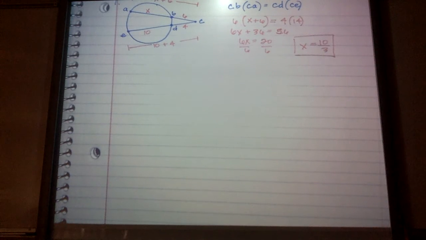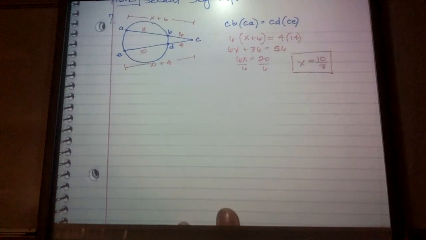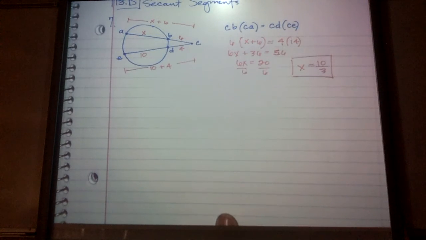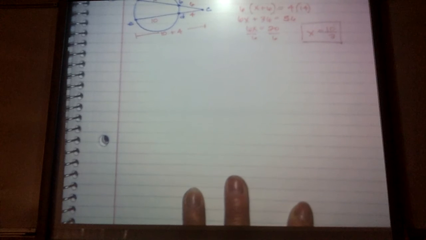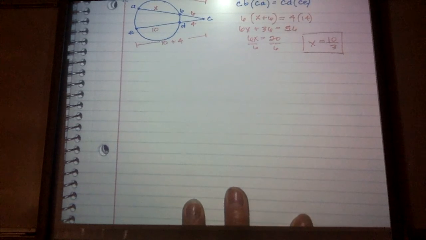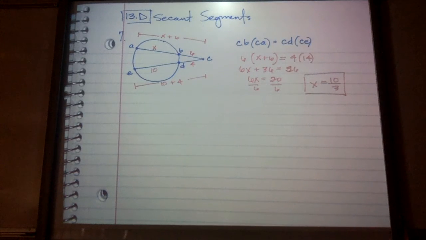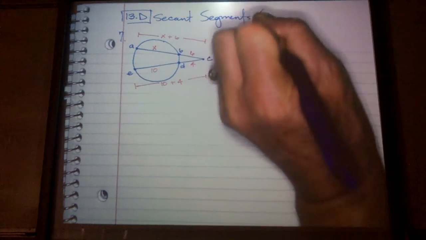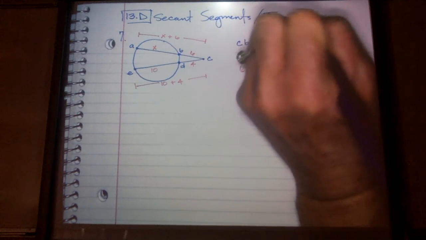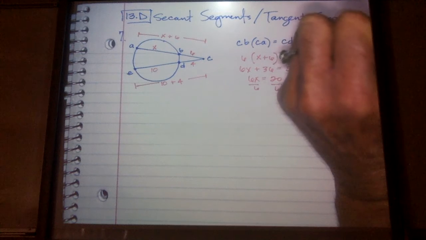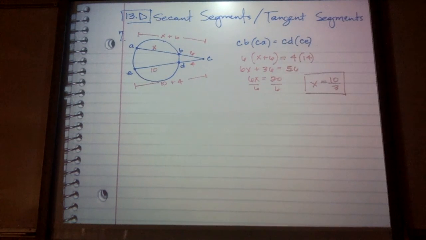Now this one is secant segments. Hopefully you can see the difference. I probably should have titled this differently. This should be secant segments, and the next problem is tangent and secant segments.